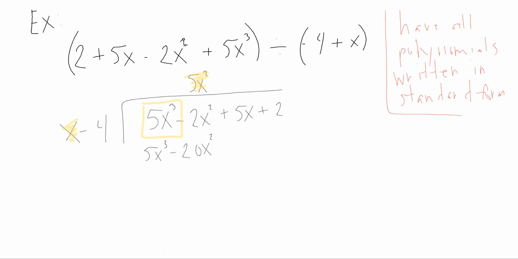All right, so now next important step, we're gonna parenthesize subtract, because what that does is it changes all of the signs in here and that becomes an addition problem.